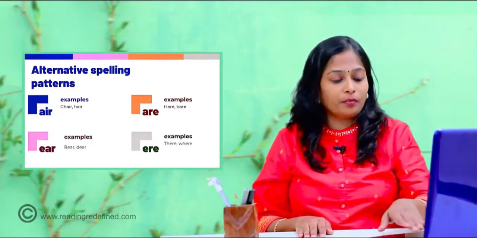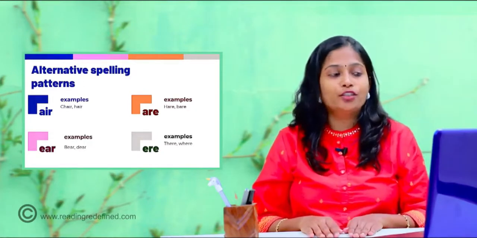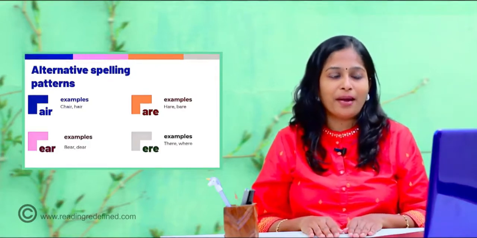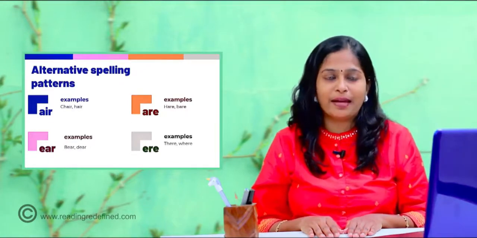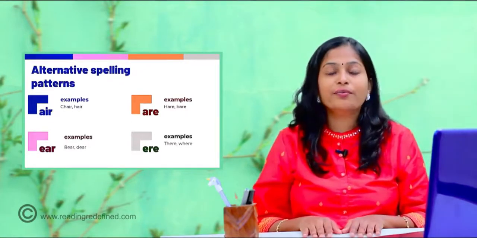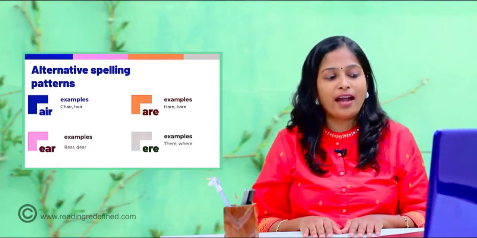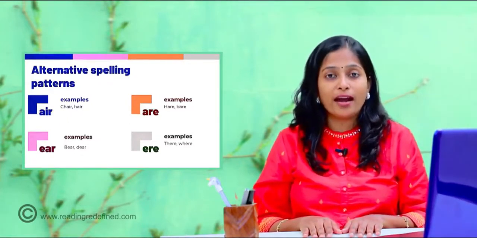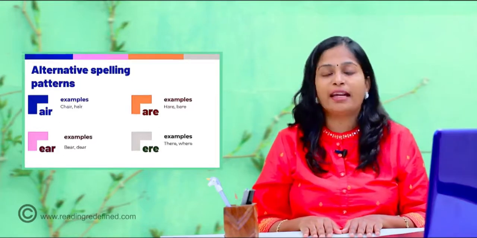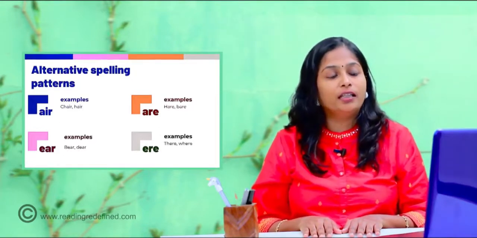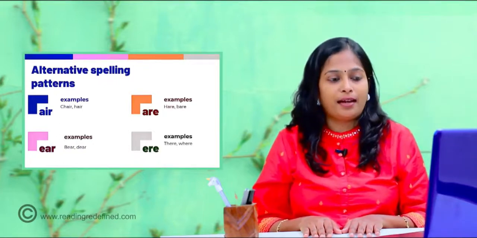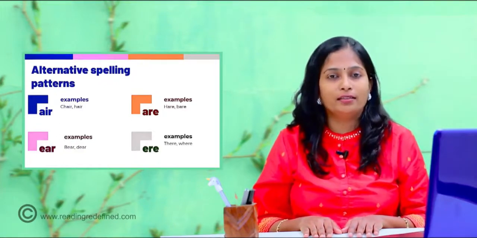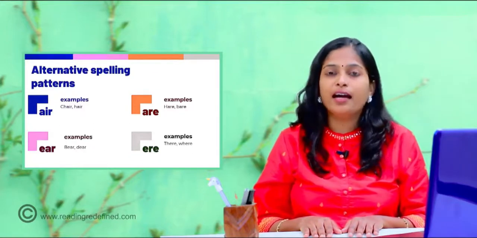Words like air, chair, hair, pear, stare, fair take the air sound with the AIR spelling pattern. Words like bear, care, scare, hair, mare, square take the ARE spelling pattern. Words like bear, pair, wear, tear take the EAR spelling pattern. There, where take the spelling pattern of ERE.